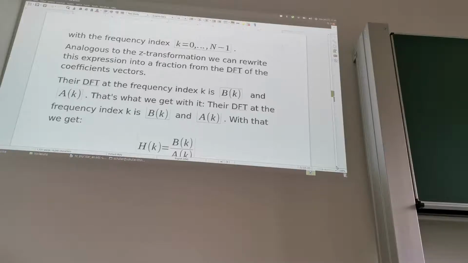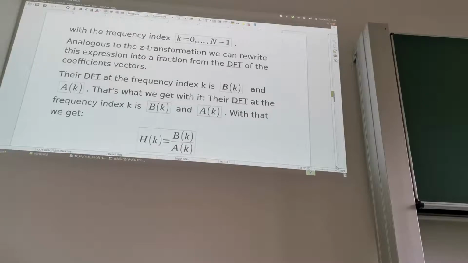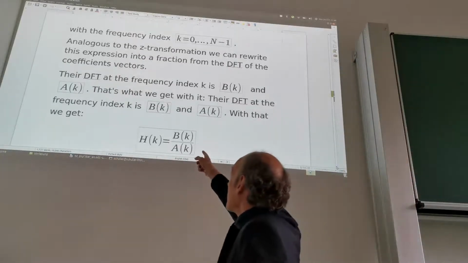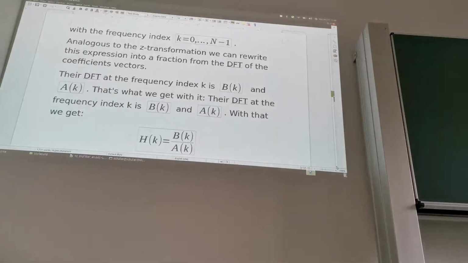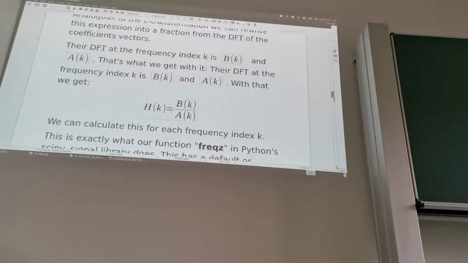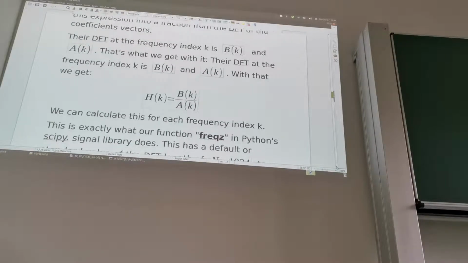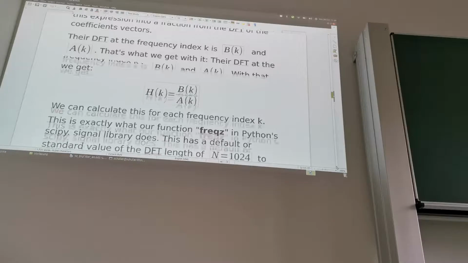Yeah, so then basically we are arriving at this fraction here in the DFT domain. Right. So given k, we have the values of bk and ak, and this fraction then results in the transfer function.